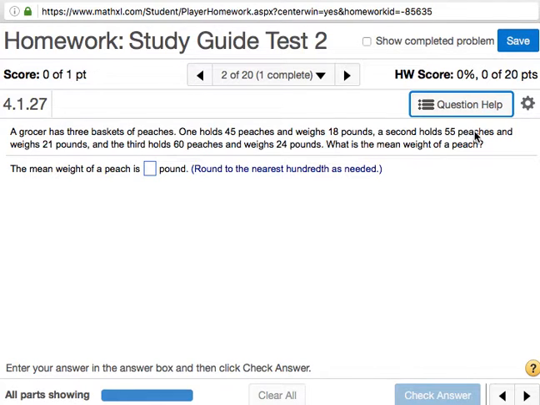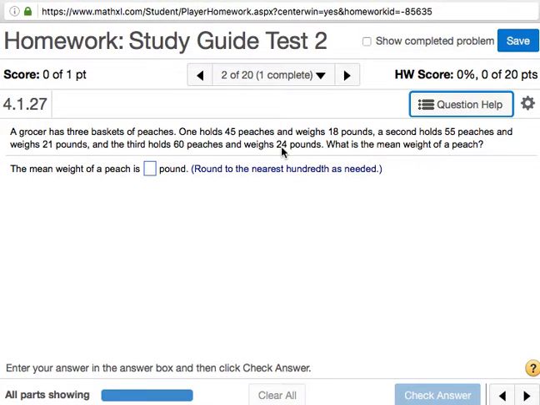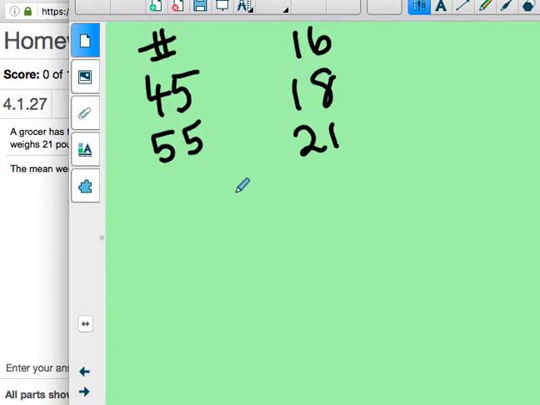He also has a second one that holds 55 peaches and 21 pounds. And finally, one holds 60 peaches and 24 pounds.